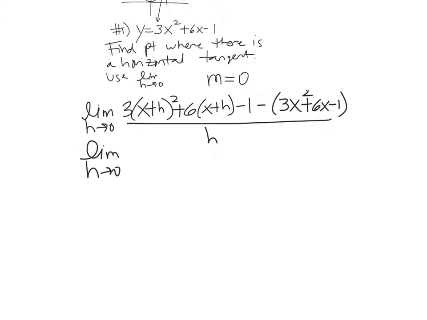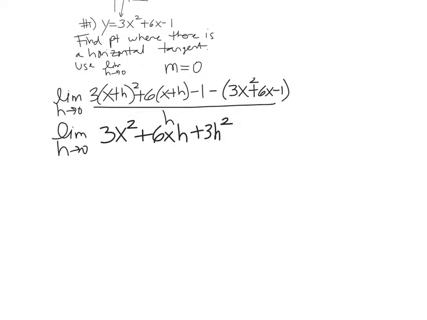We're going to FOIL this out as we distribute the 3. Okay, so we get 3x squared. Our middle term is 2xh times 3, so 6xh. And then the last term is h squared times 3, which is 3h squared.